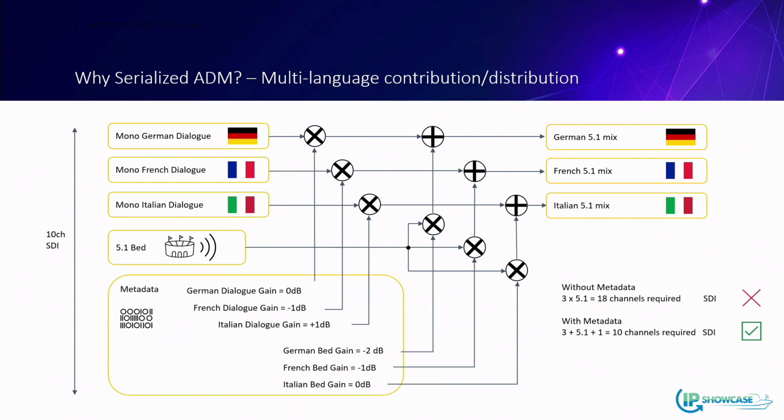But if you split everything up and you have your 5.1 bed with 3 dialogues, you send the metadata and you actually do the mixing downstream, that saves channels. They saw this as being really useful, because the reality is a lot of those pipes don't change quickly. But this is a way to get more down that pipe or save money.